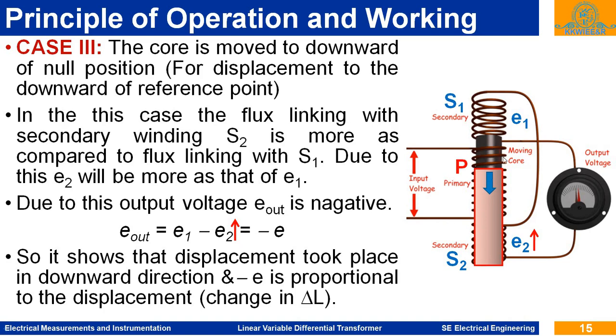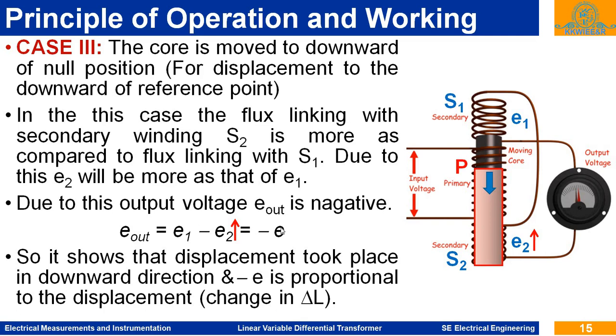When it moves in the upward direction, we will get positive output. When it moves in the downward direction, you will get negative. So from this we can find out whether the displacement is in the upward or downward direction, or forward or reverse.